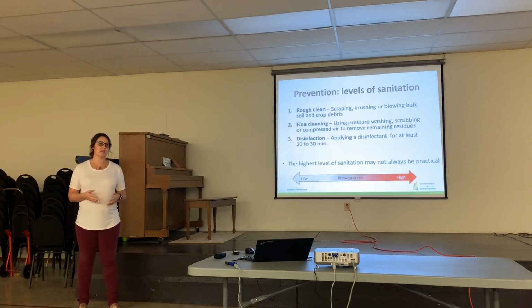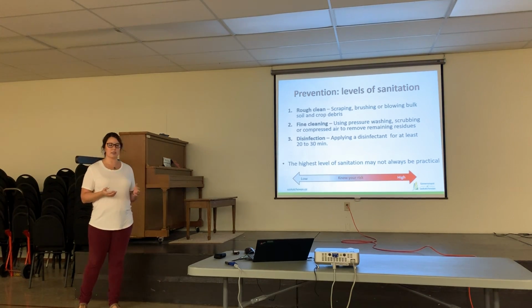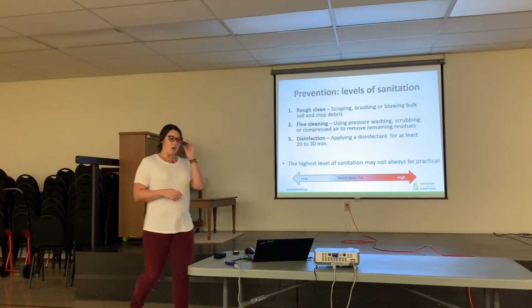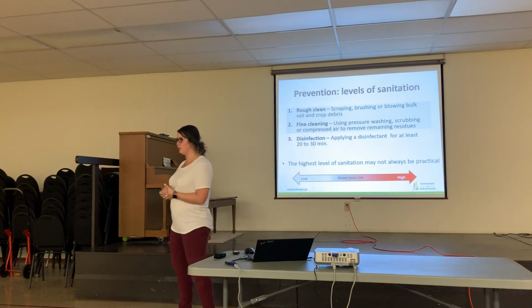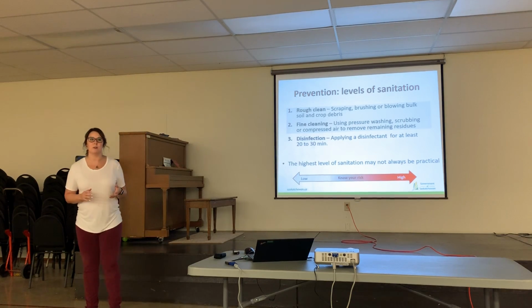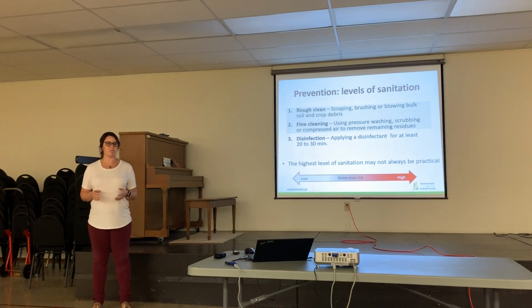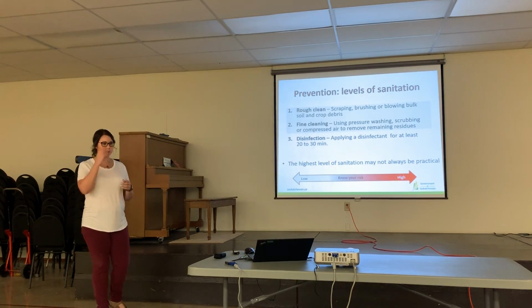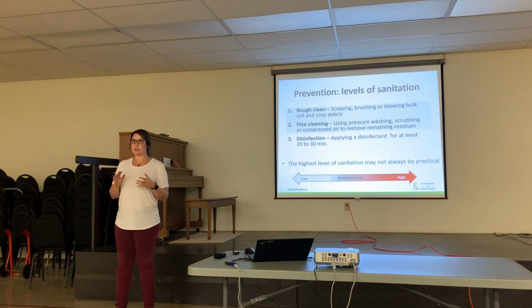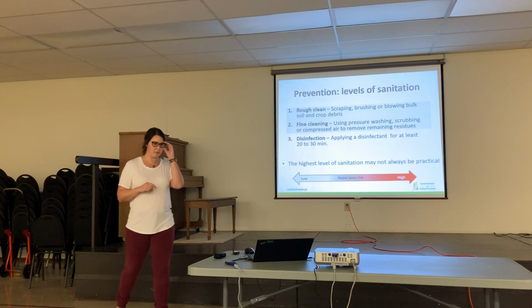Or that 3rd level, disinfection, using a 2% sodium hypochlorite solution for at least 20 to 30 minutes. We understand that the highest level of sanitation isn't always going to be practical. On your farm, likely what's going to be the most practical for you to use is that rough or fine clean. But know that you may have to use disinfection if your risk goes up.